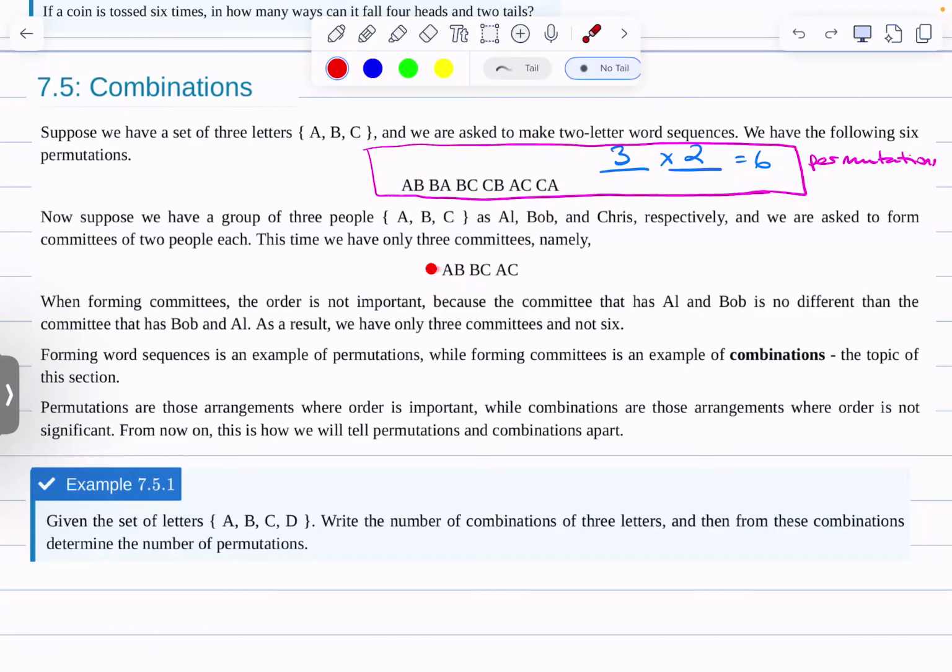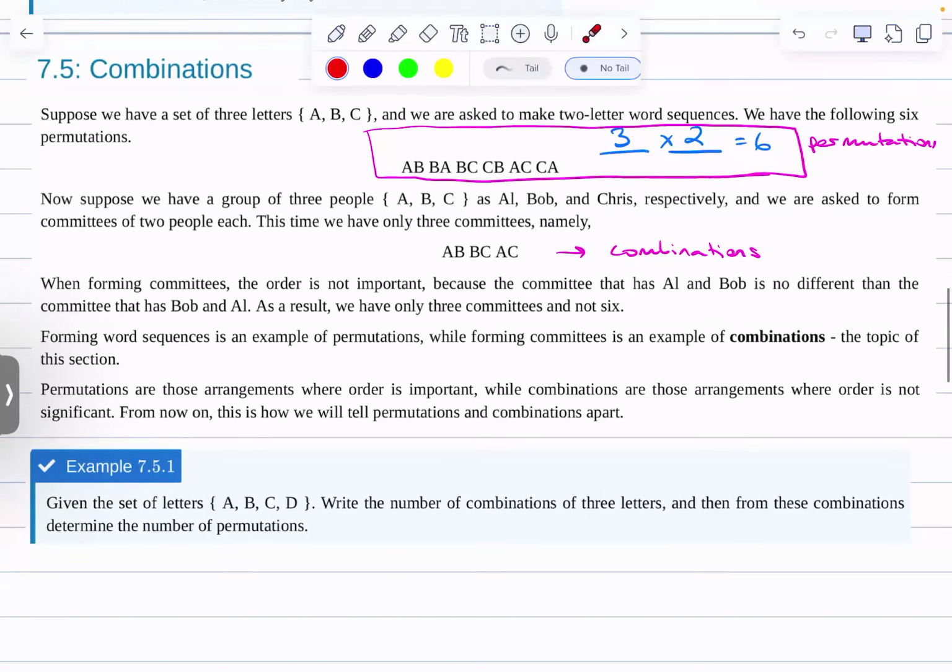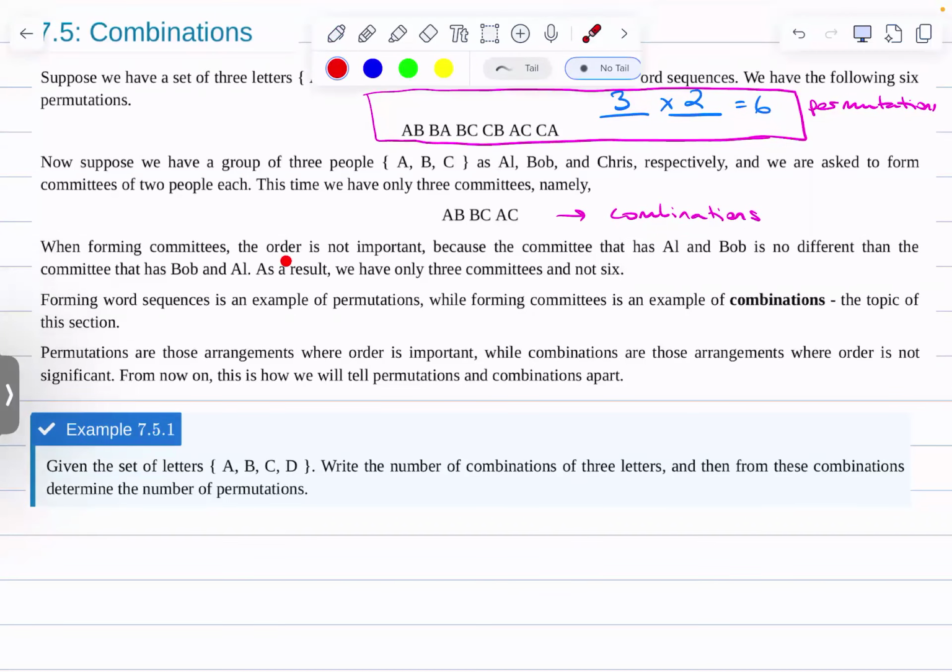And so these are what we're going to call combinations. The key thing to think about is that the order is not important in these combinations.